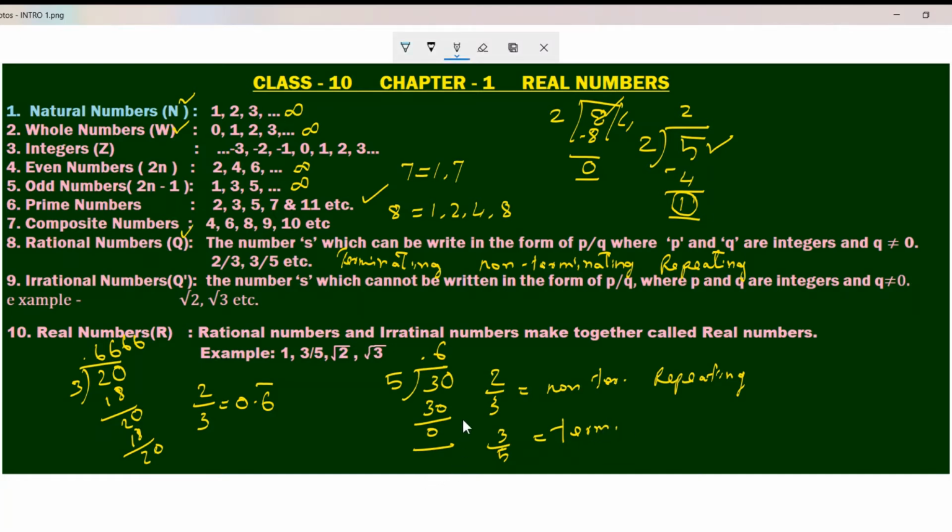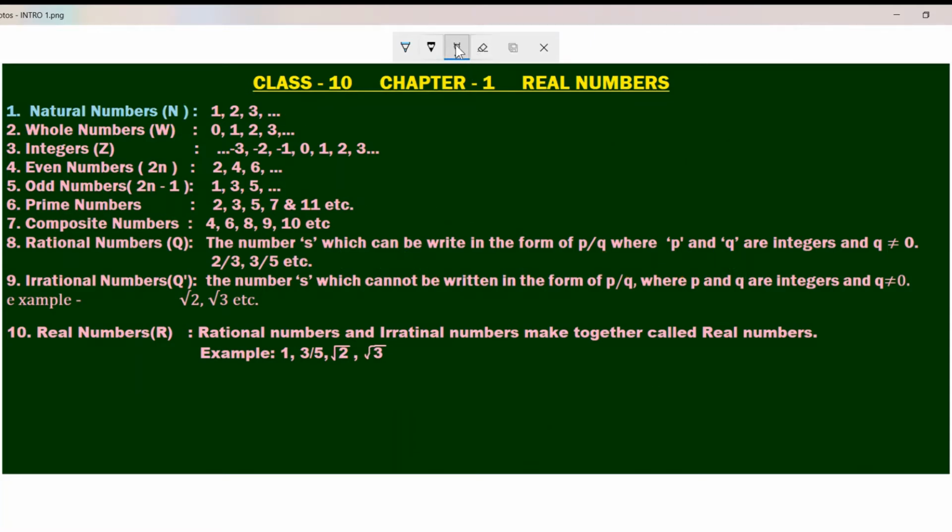So there are two types of rational numbers: terminating, and non-terminating and repeating. Next is the irrational number. Let's clean this more. Now, irrational number.